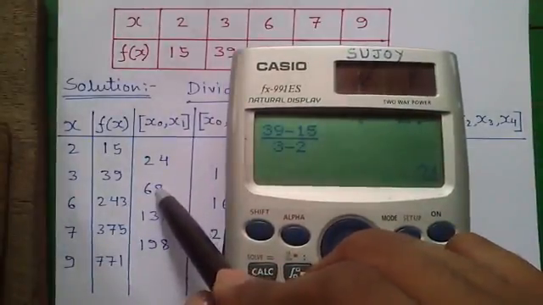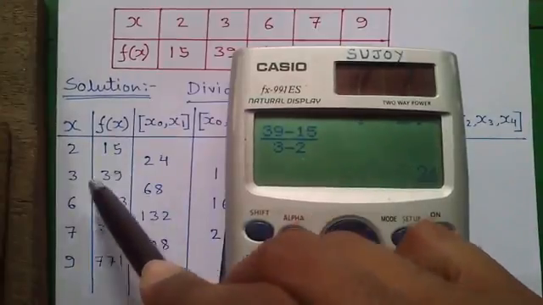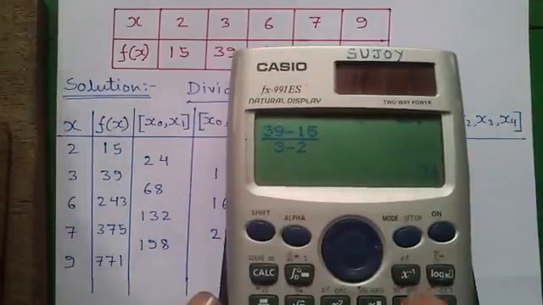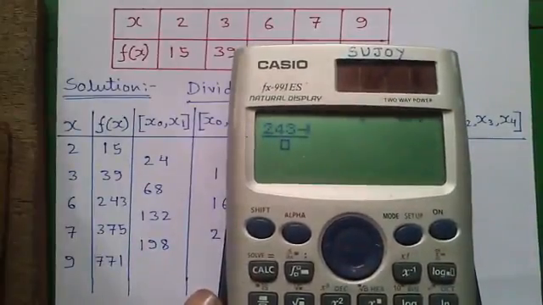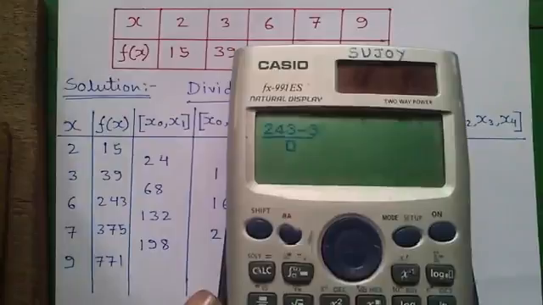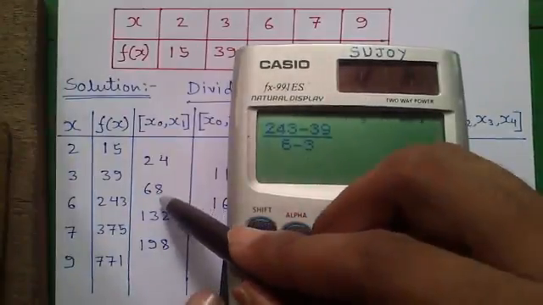Similarly, this number can be obtained by 243 minus 39 divided by 6 minus 3. That is equals to 68.